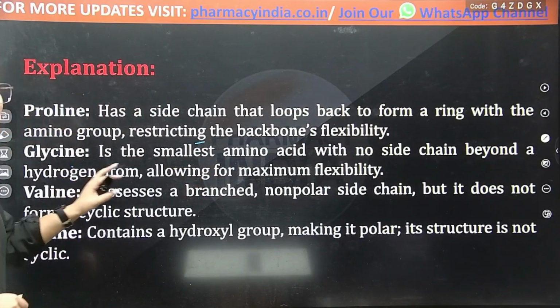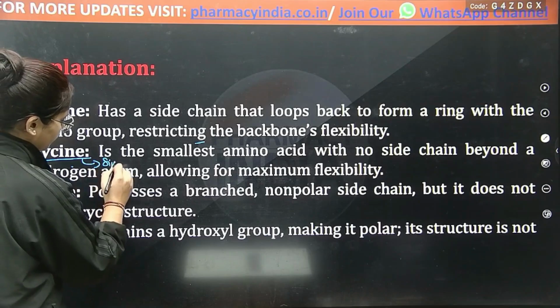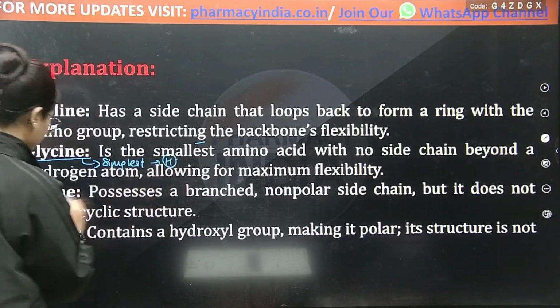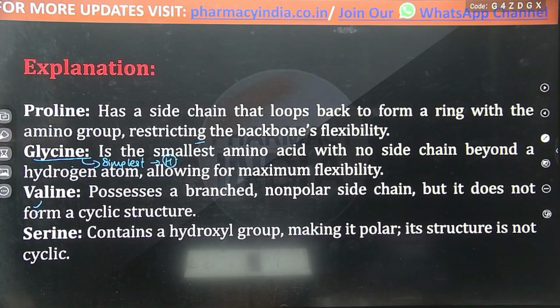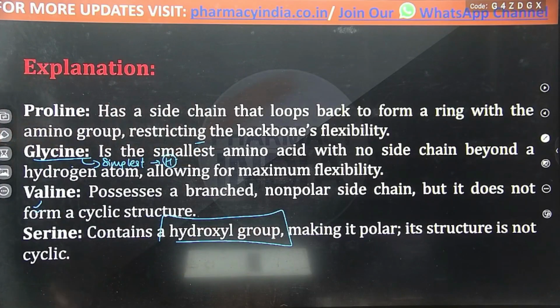Glycine is the smallest amino acid, the simplest amino acid, which contains hydrogen as its side chain. Valine possesses a branched non-polar side chain, but it does not form a cyclic structure. Same with serine, which contains a hydroxyl group, but it is a polar amino acid, not a cyclic structure.